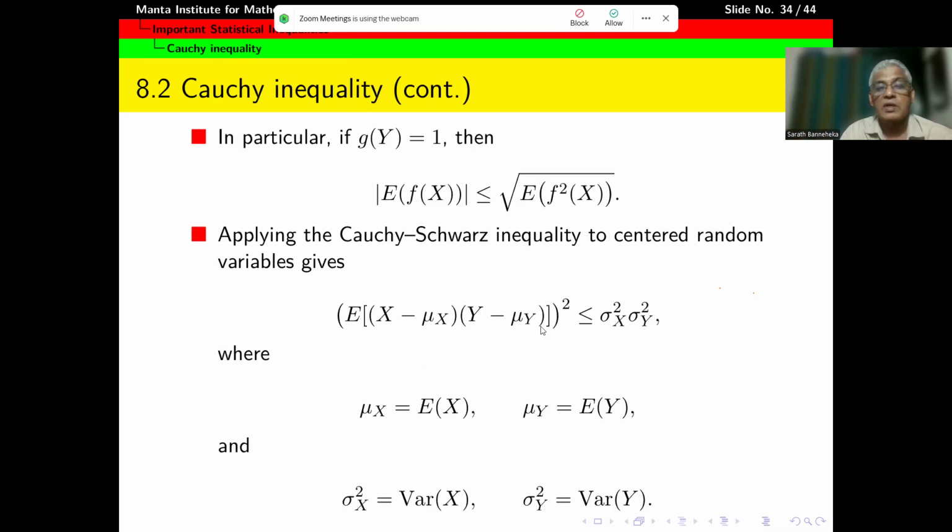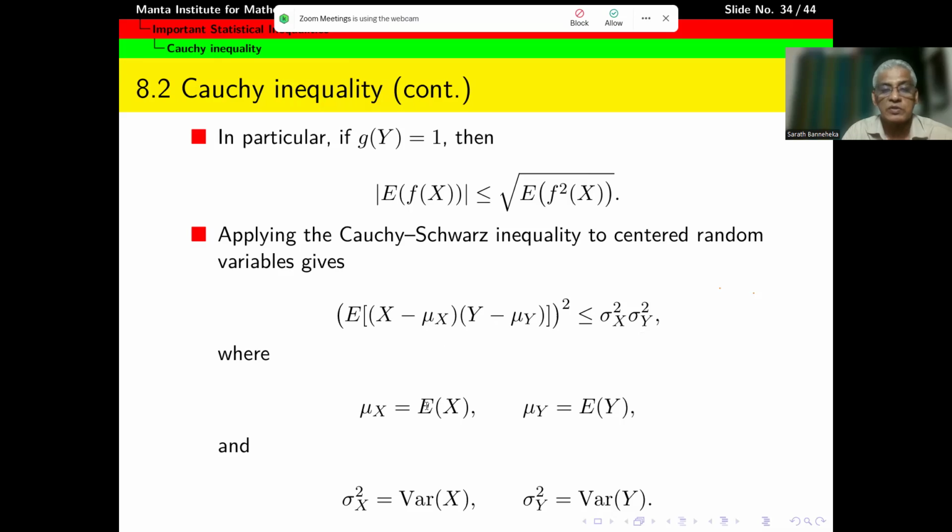So in that case, the expression will be like this: the expected value of x minus mu x times y minus mu y, whole thing squared, is less than or equal to the expected value of x minus mu x squared, which is the variance of x, times the expected value of y minus mu y squared, which is the variance of y.